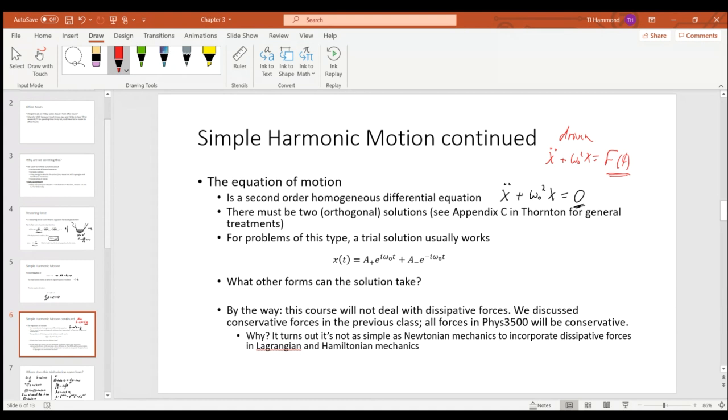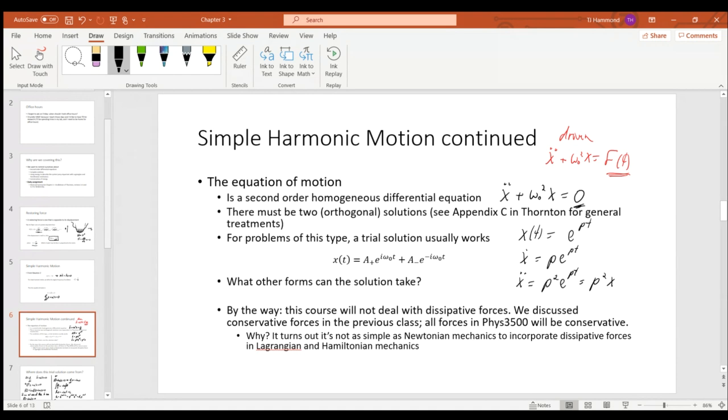So you have x of t, and you'll have this trial solution, and you'll say it's e to the pt, and so x dot is going to be p e to the pt, and so x double dot is equal to p squared e to the pt, and that's going to be p squared times x.